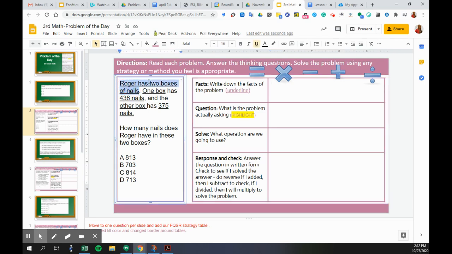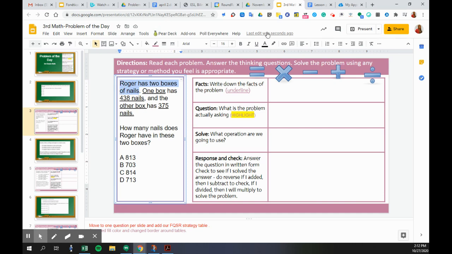So Roger has 2 boxes of nails. And you can obviously write that subjective, if you consider that's not a fact, that's not important. The only important part is that one box has 375 nails, and you can do that over here, so they don't feel like they're copy pasting the whole problem.